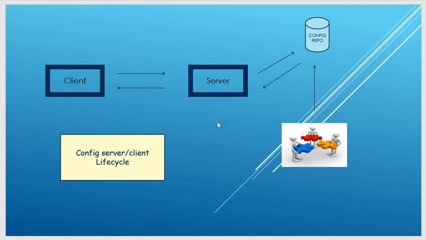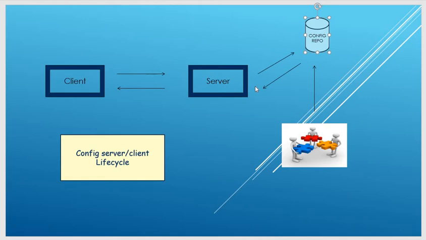In the config concept, we have a server which acts as a config server, and it directly interacts with your config repository. It could be in Git, SVN, or it can be a local file as well, but I will not recommend that, because it's not good to keep the file on your system. It should be versioned and controlled, and there should be tracking.